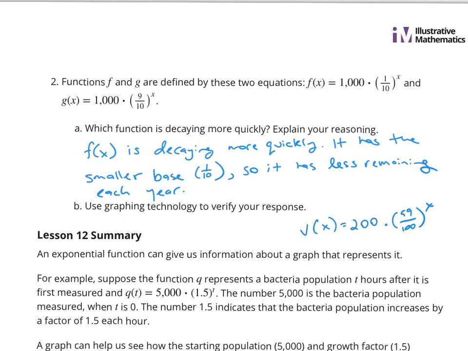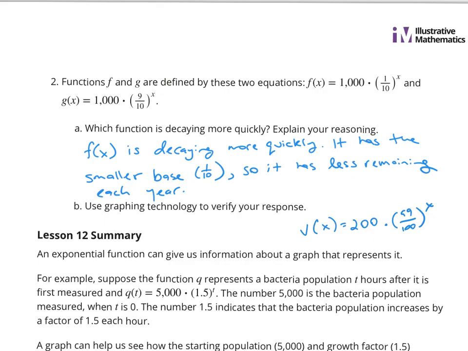So this tells us that it is very close to being a horizontal line or a diagonal line rather than a curve, because nearly all of its values remain as x increases by 1. So this tells us it's decaying very slowly. It is an exponential function. 99 hundredths is not exactly 1. But if you were to look at it, it may not look like a curve. It may look pretty close to a straight line.